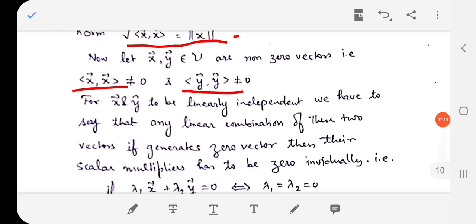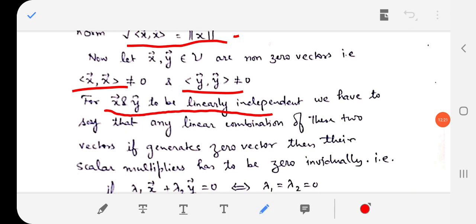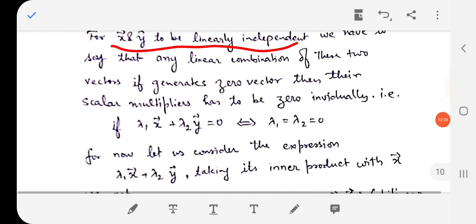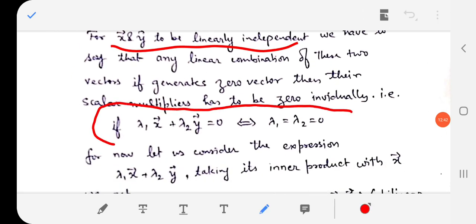Now if x and y are linearly independent, then a linear combination of x and y will generate 0 if and only if both the scalar multipliers are 0, right? So that's what we need to prove.